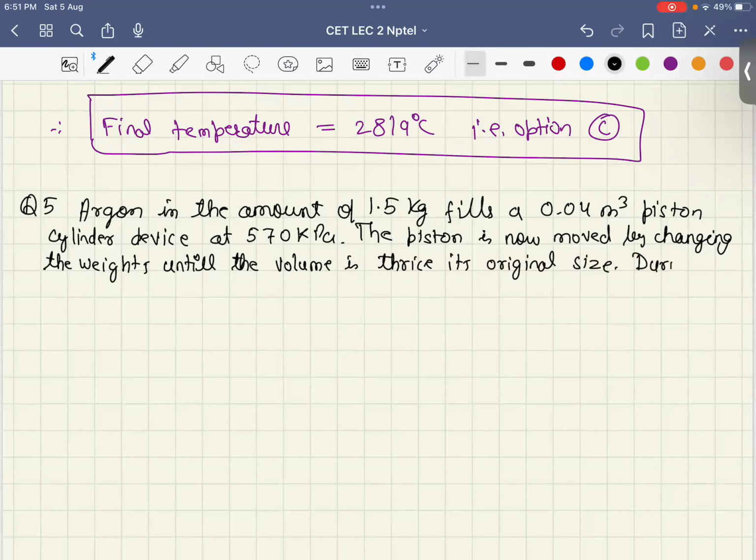During this process, argon's temperature is maintained constant.